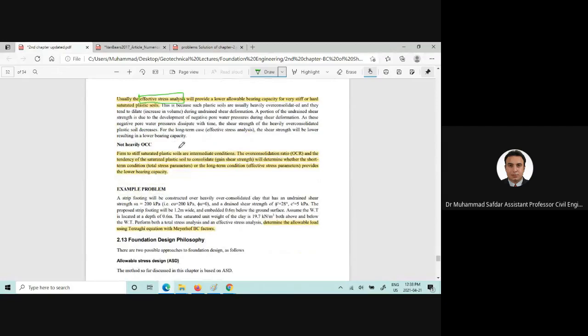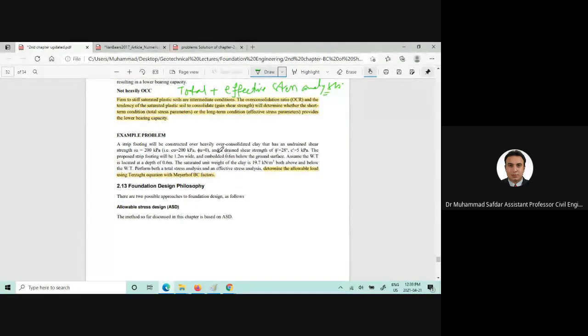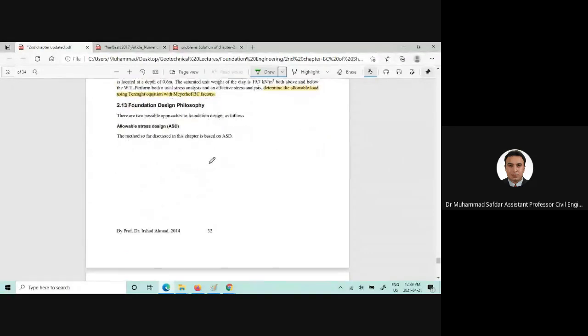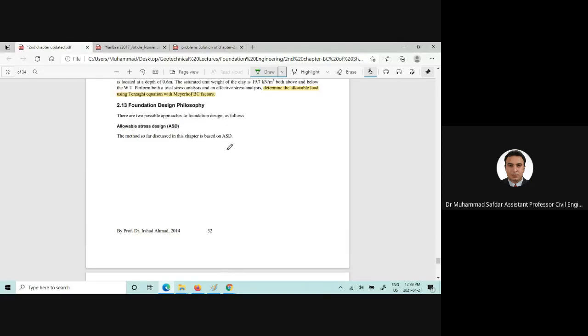For heavily over consolidated clays, we need to perform both the total plus the effective stress analysis. These problems will be solved in the coming class, and all these equations that I mentioned will be used and are important for exams, quizzes and assignments.